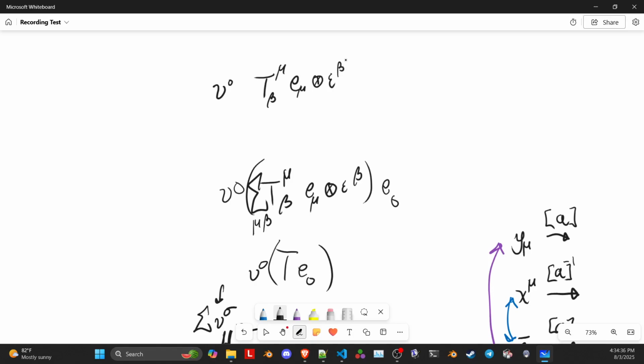Epsilon beta. Put another bracket here. So this thing acts on E0, and the result is enclosed in the square brackets, and we sum over the results.